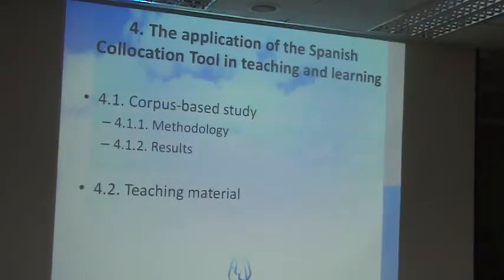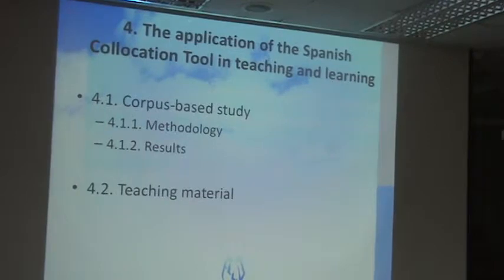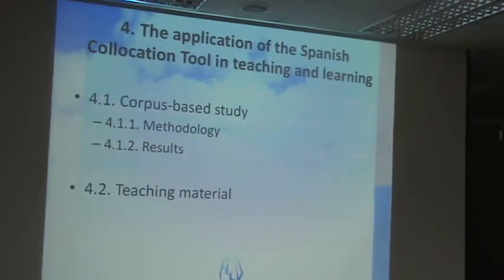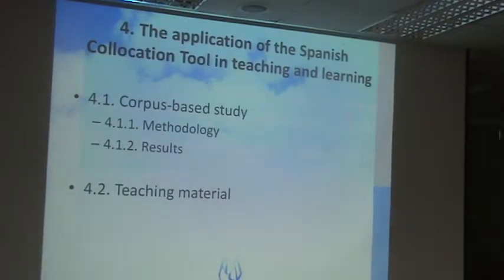Section 4 focuses on the SCT, Spanish collocation tool, application in a corpus-based study and online teaching material. I will elaborate on how we can apply our software to generate personalized teaching material.